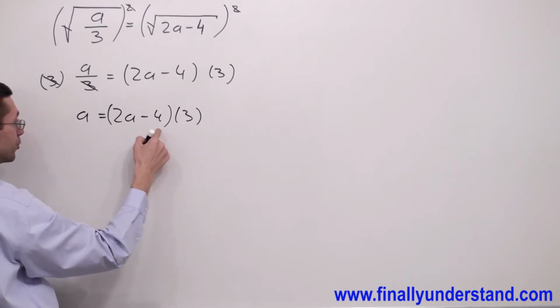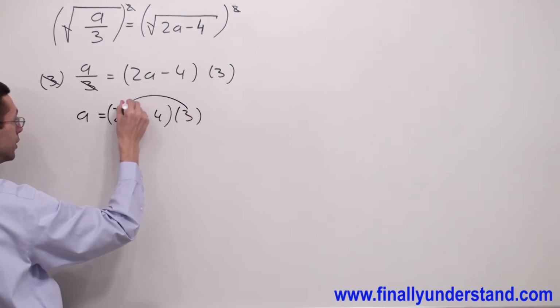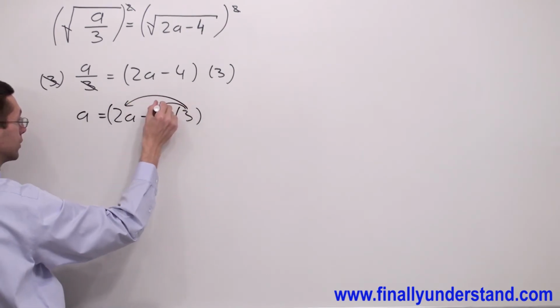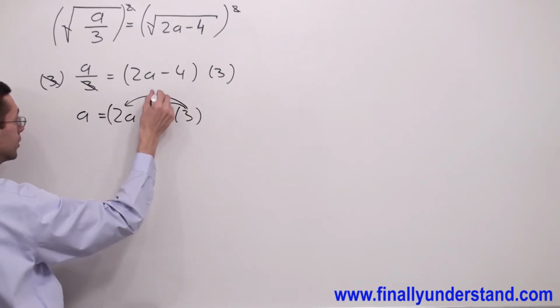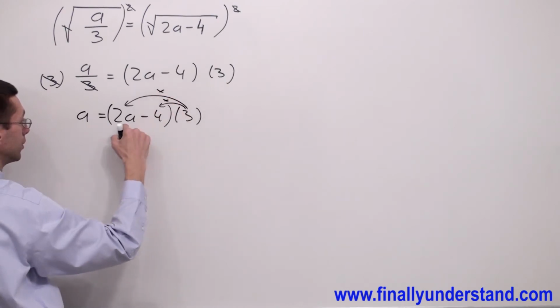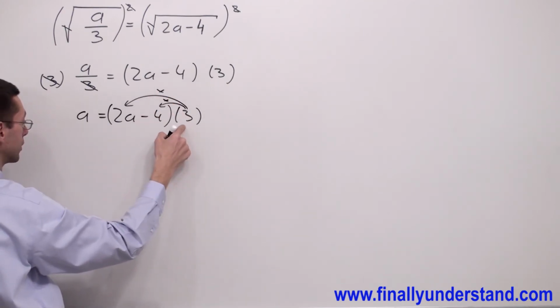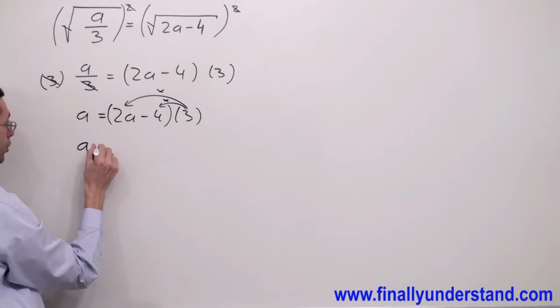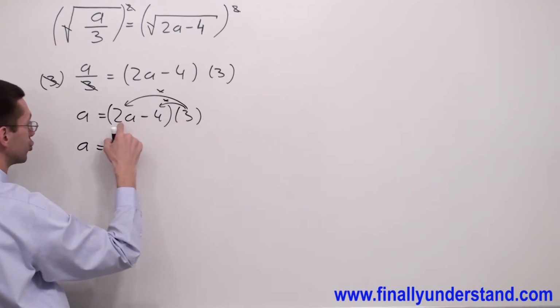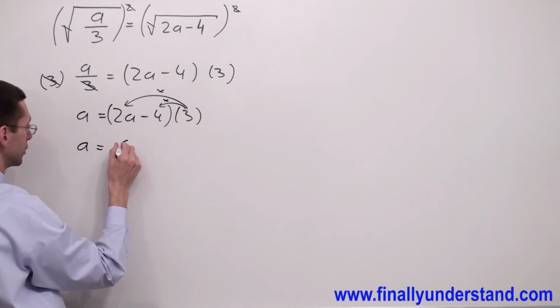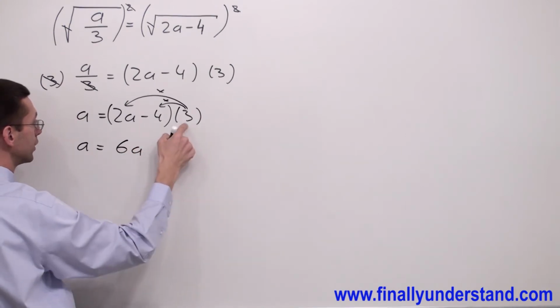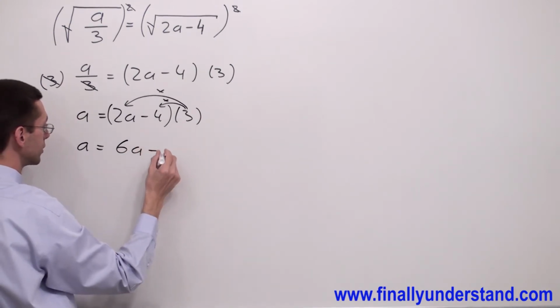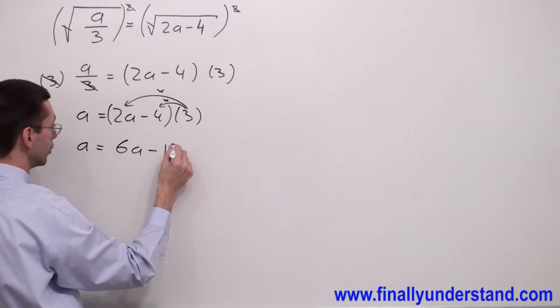I can eliminate these parentheses by distributing this 3 into the parentheses. Distributing means multiply every single term from the parentheses by 3. I have a equals 3 times 2a gives me 6a. 3 times negative 4 is negative 12.